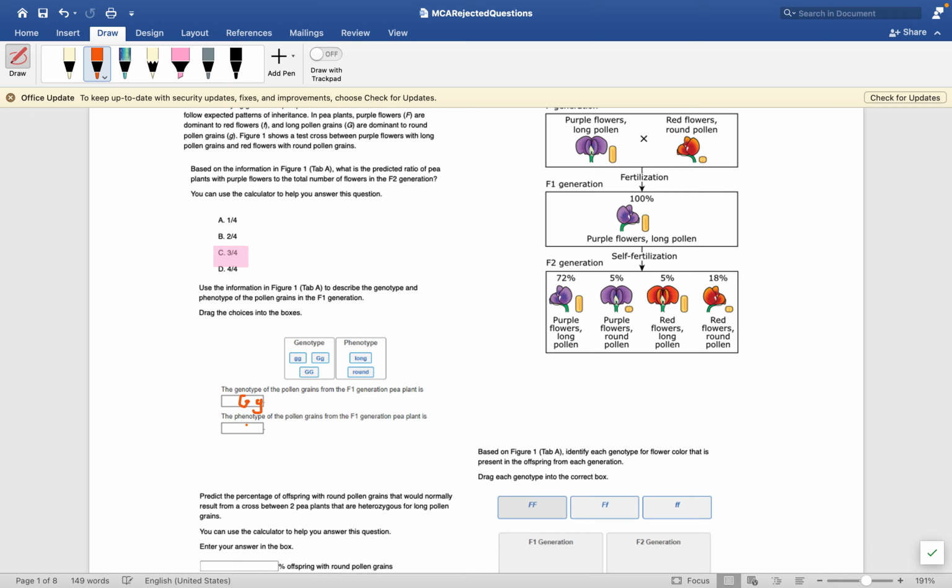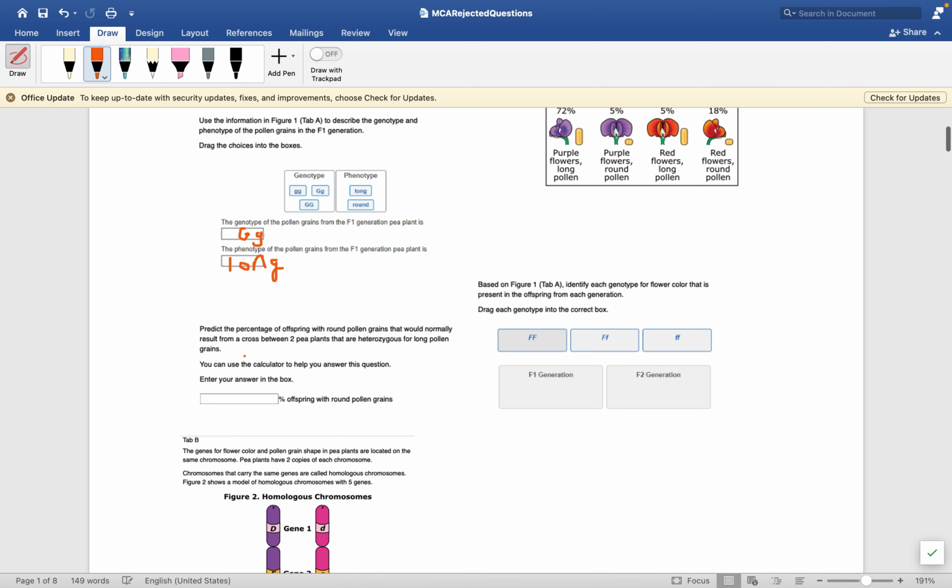The phenotype of the pollen grains. Am I using the right letters for pollen grains? Yes, G for the pollen grains. From the F1 generation pea plant, well, what do they look like? Phenotype, can you physically see? That would be long. Wow, this is kind of a cool feature on Word.